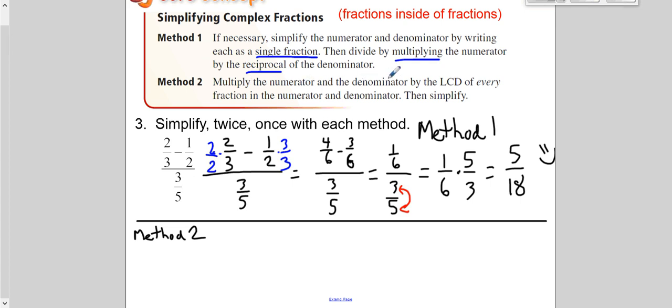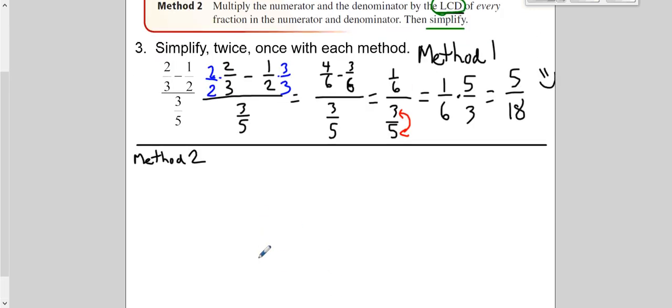Multiply the numerator and denominator by the LCD of every fraction in the numerator and denominator, and simplify. Multiply the numerator and denominator, so everything, basically, by the LCD. Okay, let's copy down our original problem.